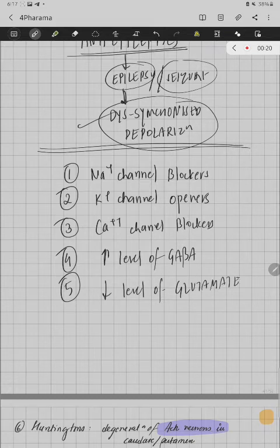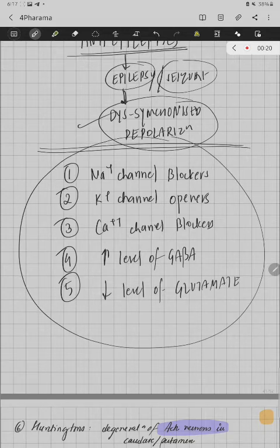So, most of the anti-epileptic drugs that we are going to study fall in these 5 categories. Mind you, there are some drugs which act by multiple mechanisms as well. Example, valproate, lamotrigine, levetiracetam. These drugs act by multiple mechanisms.